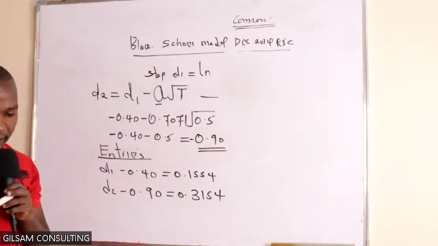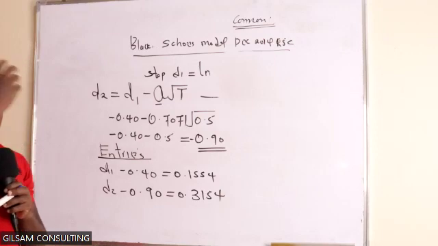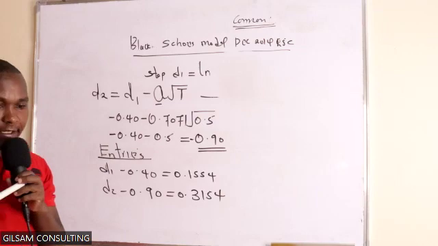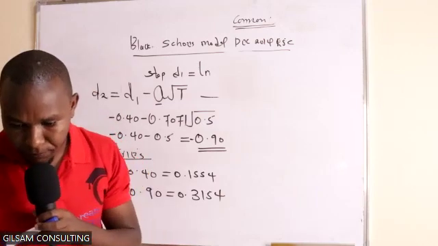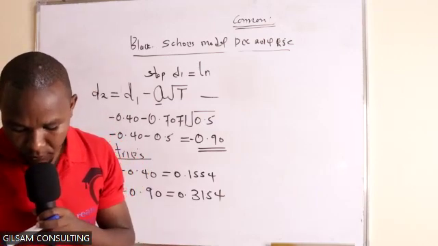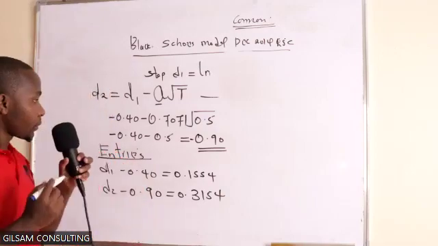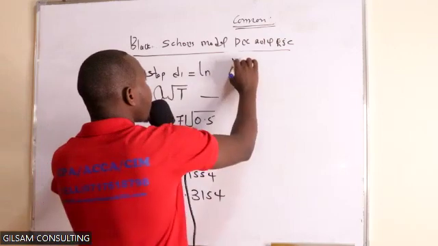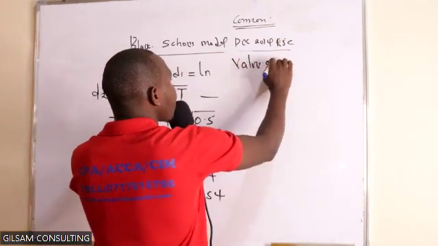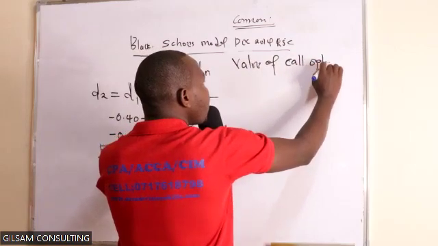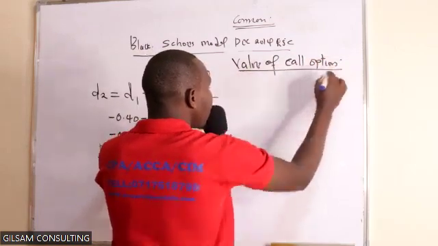After getting the entries, remember we have the value of the call option and the value of the put option. We can get the two, but the examiner is asking for the value of the call option.